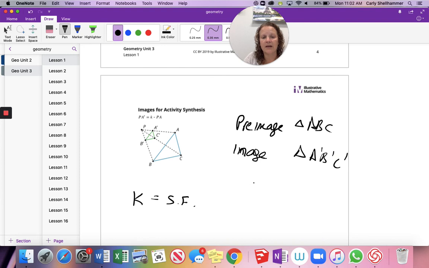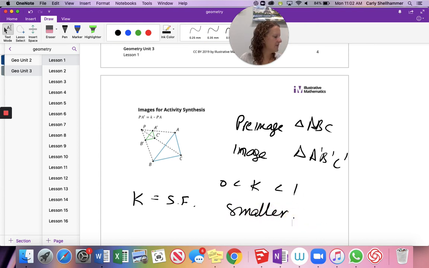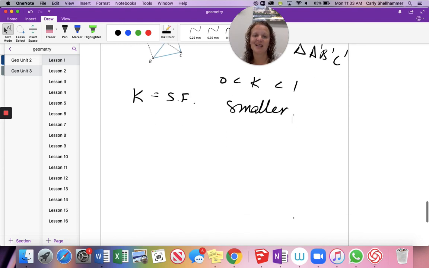Therefore, our scale factor, I'm going to use K this time, is between 0 and 1 because we got smaller. See if there's something else that I want to teach you about that. Dilation, center P, and positive scale factor K takes, got it. Yeah, that was it. I did it.